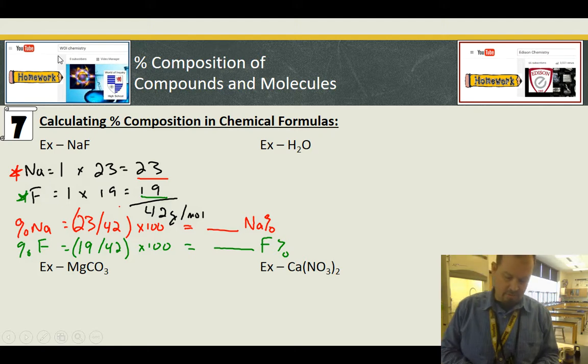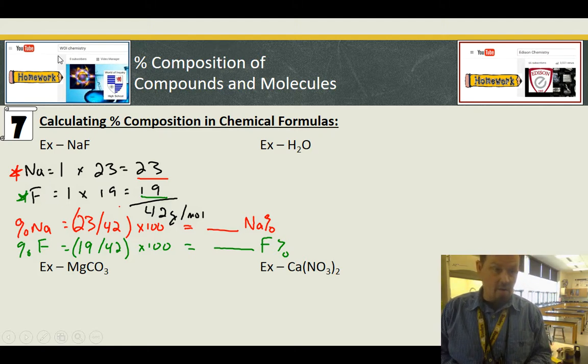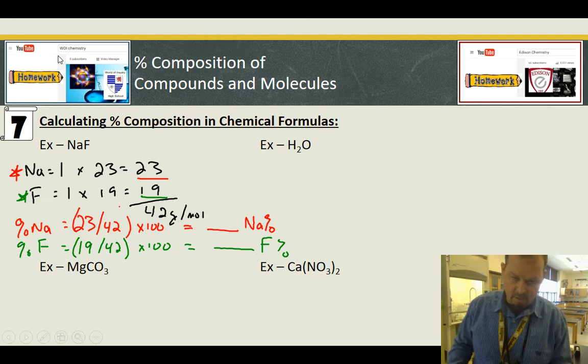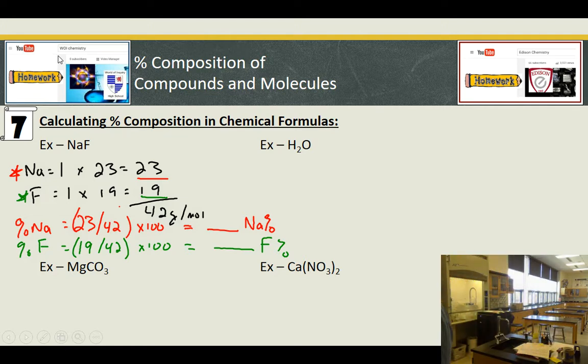So let me just calculate real quick. I'm not going to calculate all of them. I'm going to do these two. 23 divided by 42 equals, times 100 equals, notice I pressed the equals in between. So that was 54.7%.